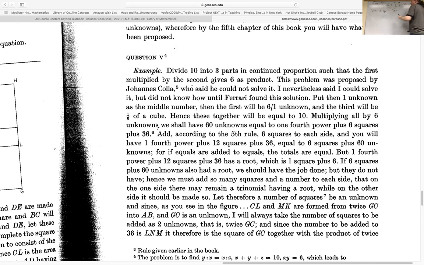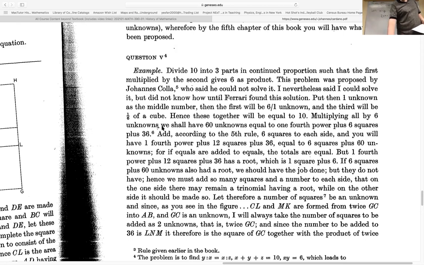And we can solve that for C is B squared over A. B squared is X squared. A is 6 over X, so divided by 6 over X. So we get X cubed over 6. Hence, these together will be equal to 10. So we add all these things up. 6 over X plus X cubed over 6 equals 10.